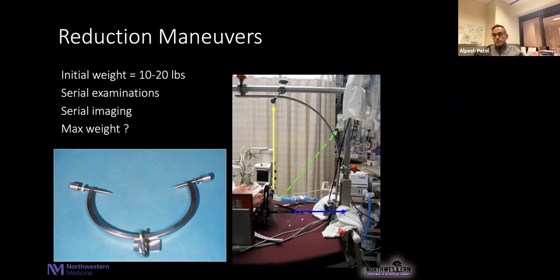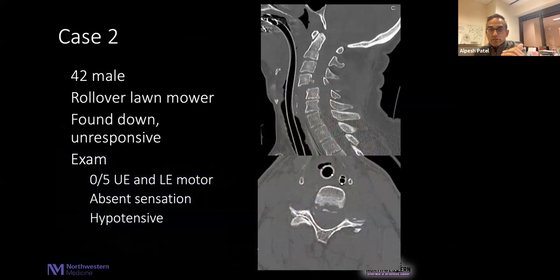And if you're going to do a closed reduction in a subaxial injury, especially in somebody who's neurologically intact, I think you want to know if they have a disc herniation or not. Because there are some case reports, one case report really, of taking somebody, reducing them, and creating a bigger problem because of a disc herniation, associated probably with the reduction maneuver itself. So that's where we got an MRI in this case, to aid us in the reduction. This patient had a reduction, and then ultimately I fixed him posteriorly a day or two later.